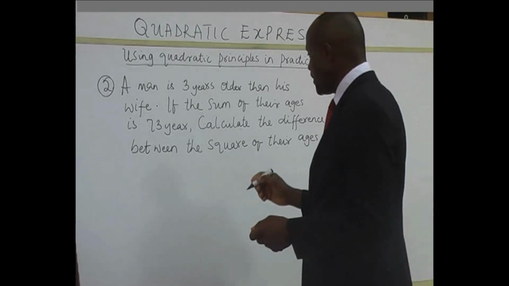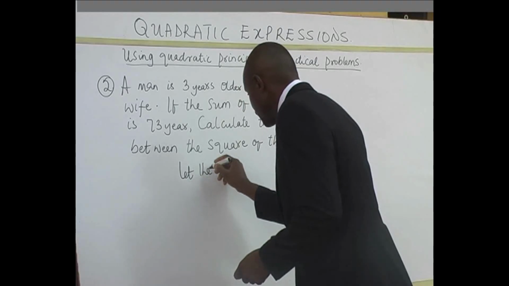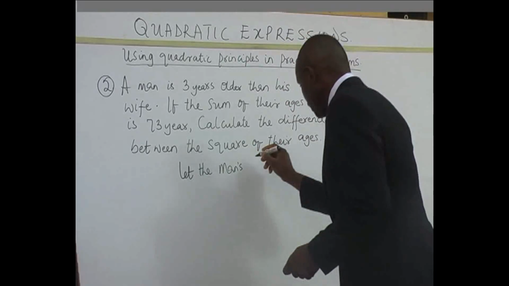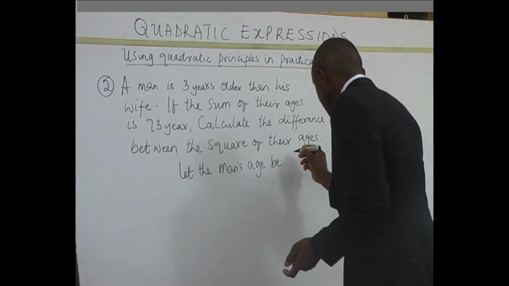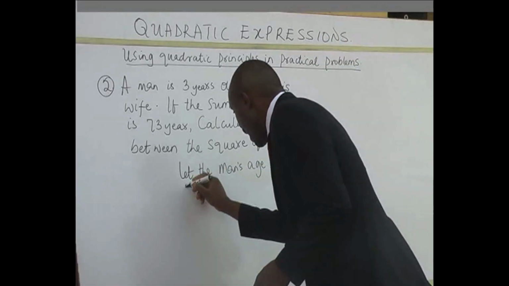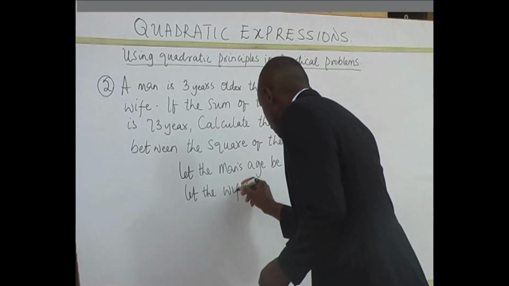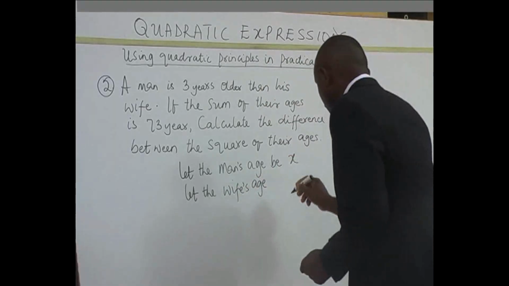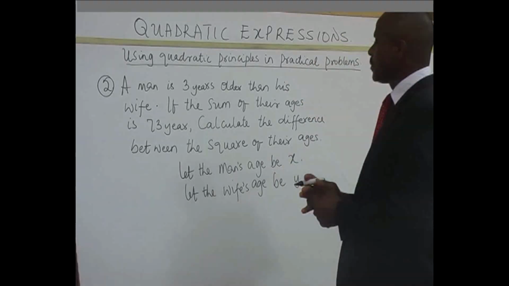We start by saying, let the man's age be represented by any letter. Let's use X. And let the wife's age be represented by, let's use Y.